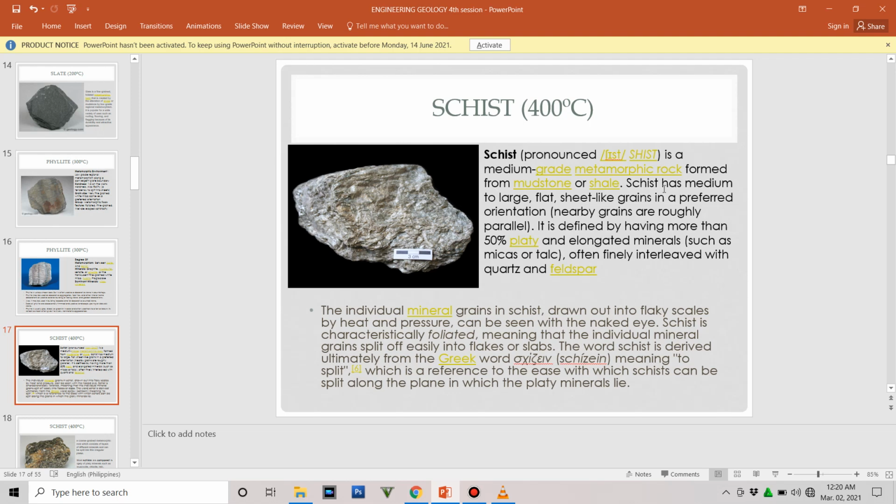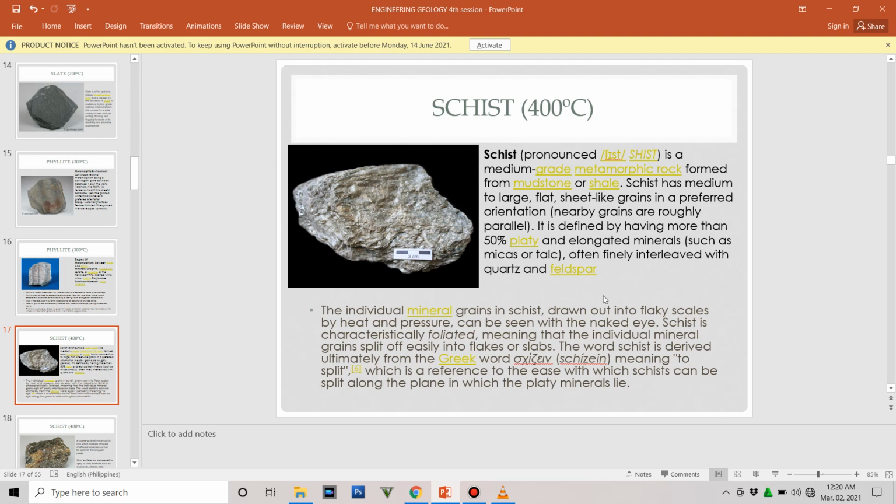So it is formed from mudstone or shale and has medium to large flat, sheet-like grains in a preferred orientation. So iisa yung orientation ng grains, which can be obviously seen on a closer look.